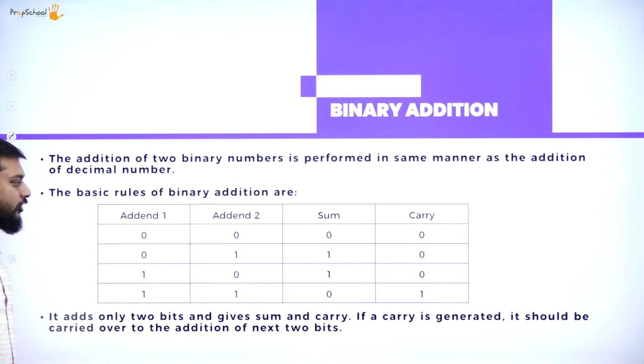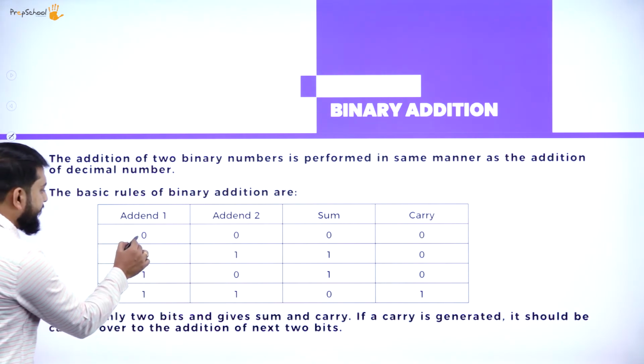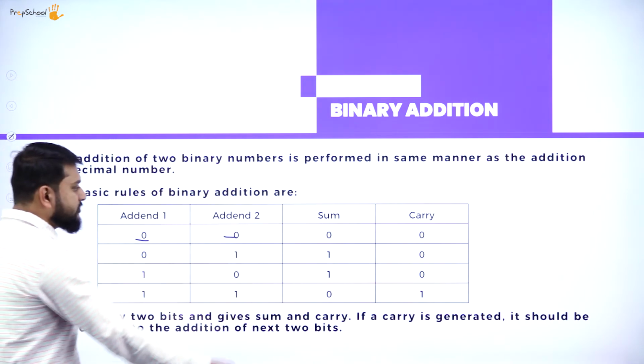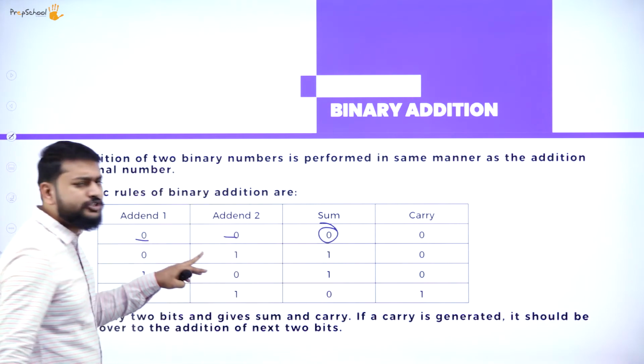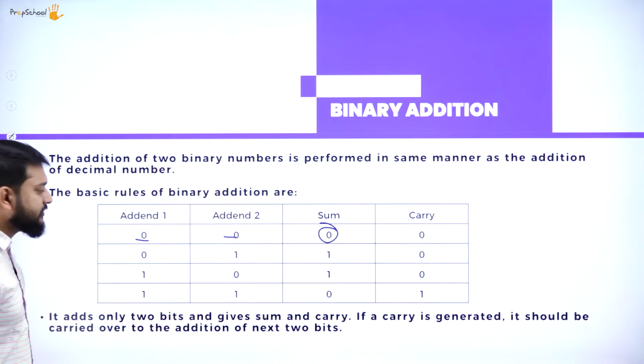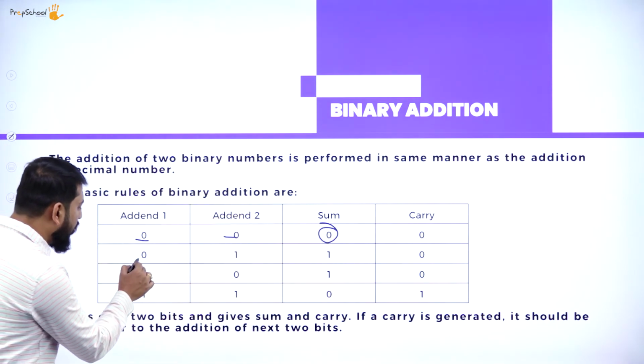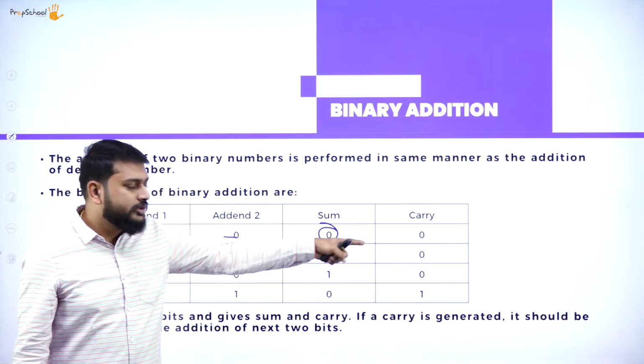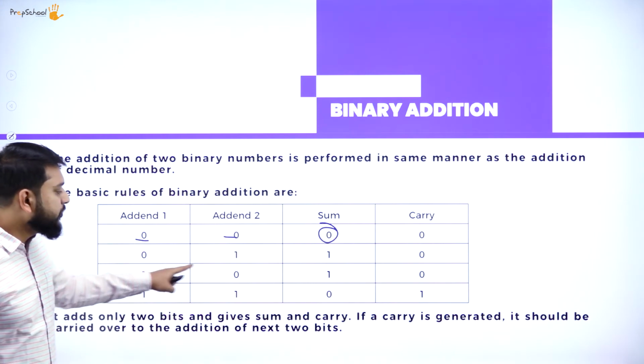Check out the table for all of you. This is what I've explained in the previous one. Please observe 0 plus 0. Sum is 0 because 0 plus 0 is 0, and the carry is 0. I have 0 plus 1. Obviously it's 1. The sum is 1 and the carry is 0. And I have 1 plus 0.